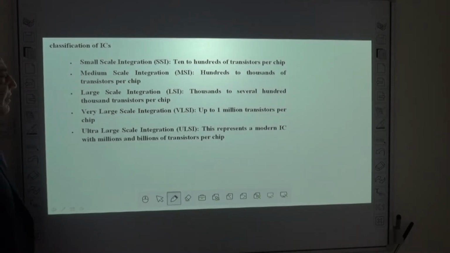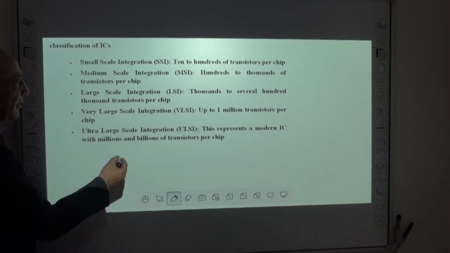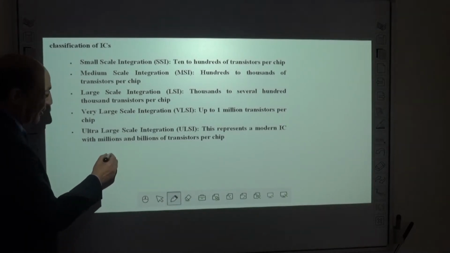ICs are classified according to degree of integration.